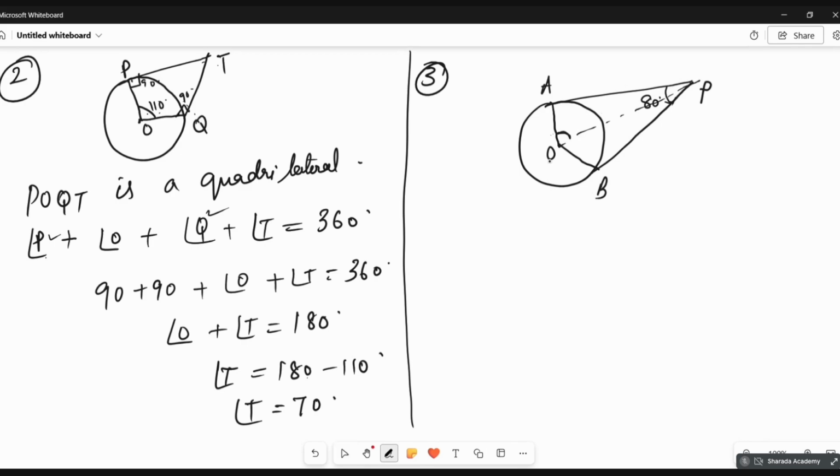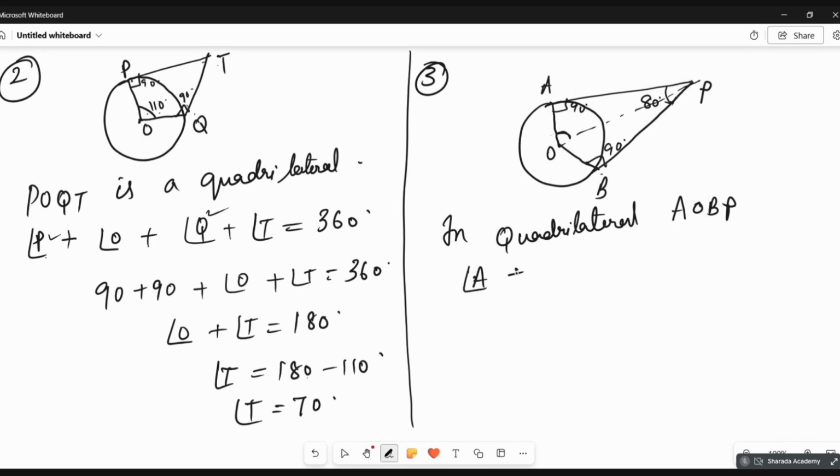First thing, in quadrilateral BOAP, this is 90 degree. This is also 90 degree. And this is 80 degree. So what will be this whole angle? 360 minus of all this will be this angle. Correct? In quadrilateral AOBP, what you will get?